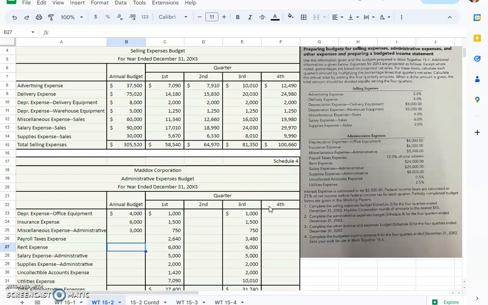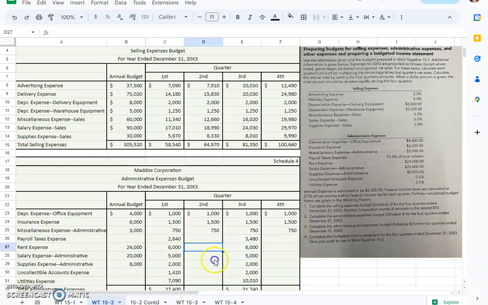Rent expense is $24,000. Salary expense administrative is $20,000. Supplies expense administrative is $8,000. So let's go ahead and split this. 4,000 divided by 4 is going to be 1,000 each quarter. 6,000 divided by 4 is 1,500 per quarter. 3,000 divided by 4 is 750.